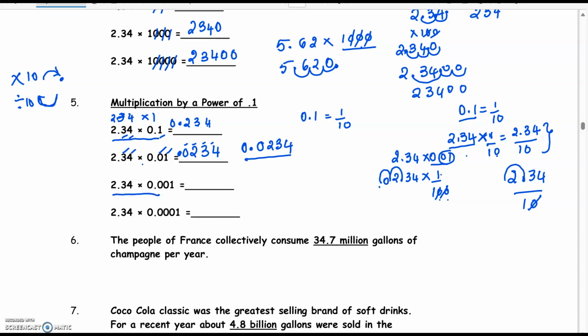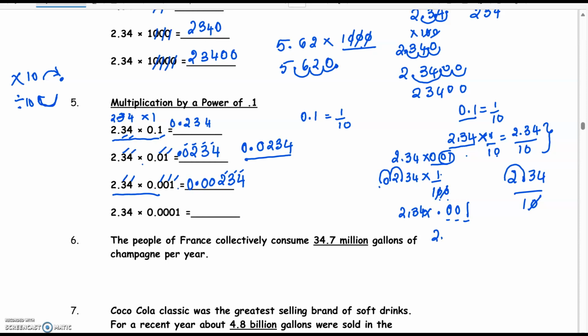2.34 times 0.000001. So 234 times 1 is 234. But we need to make sure there are 1, 2, 3, 4, 5 decimal places. Now 2.34 is multiplied by 0.001. 0.001 is 1/1000ths, tenths, hundredths, thousandths.